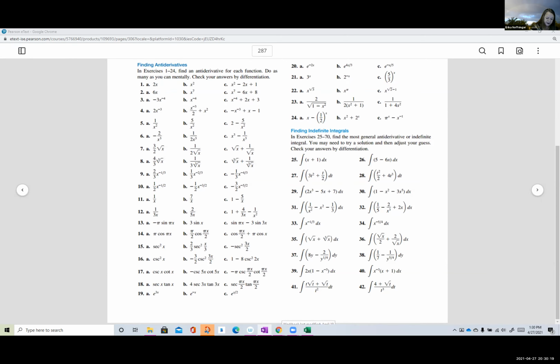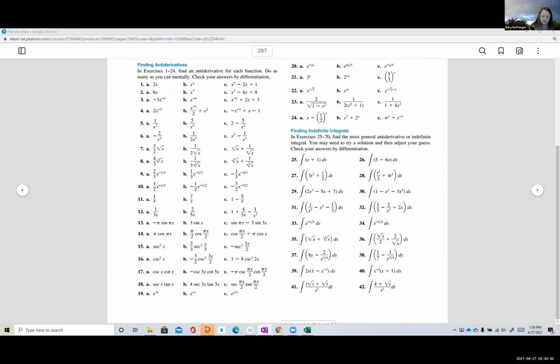Let's call it capital F. If we took the derivative of x squared, we get back 2x, plus some c. Quickly taking the derivative, that's 2x, so that works.